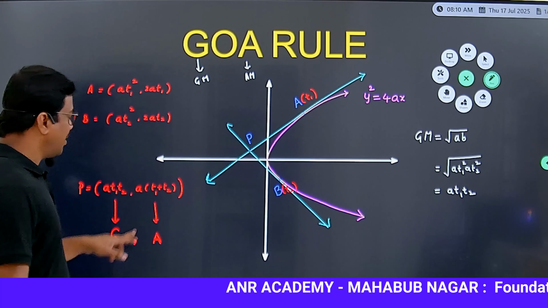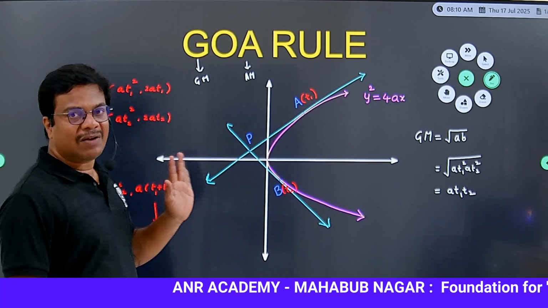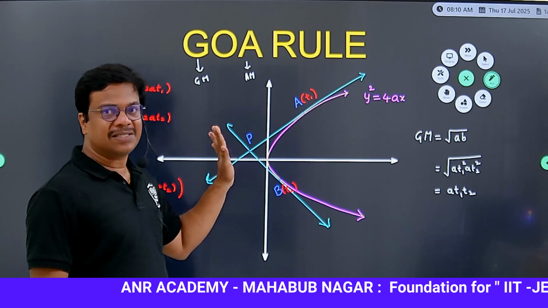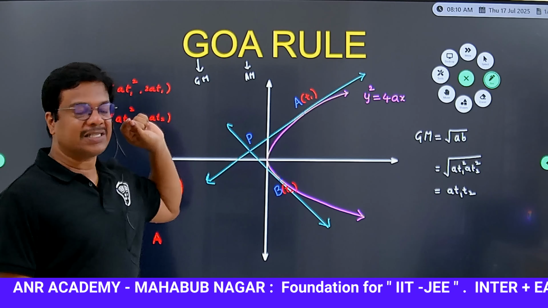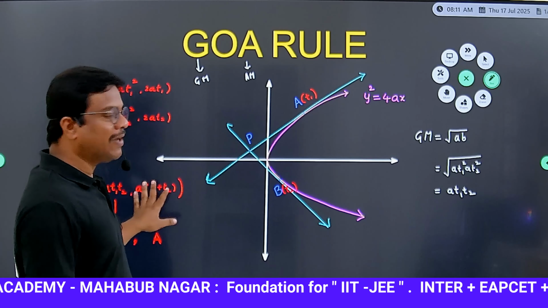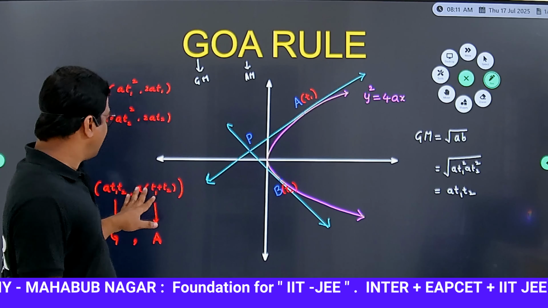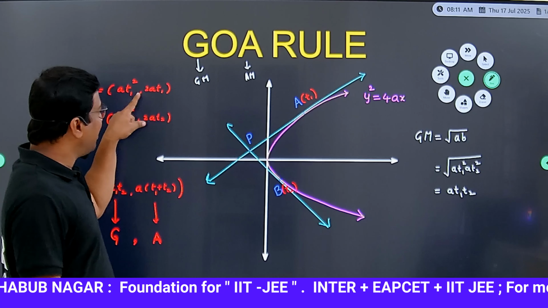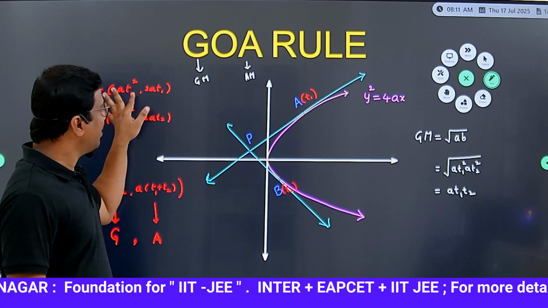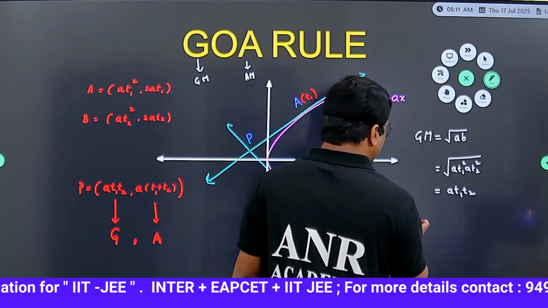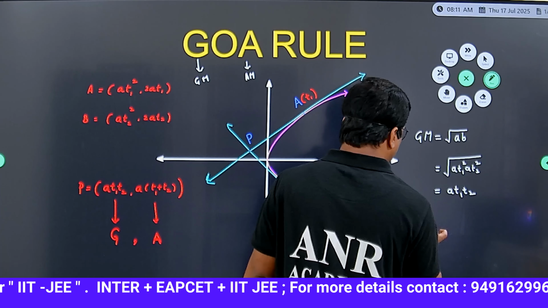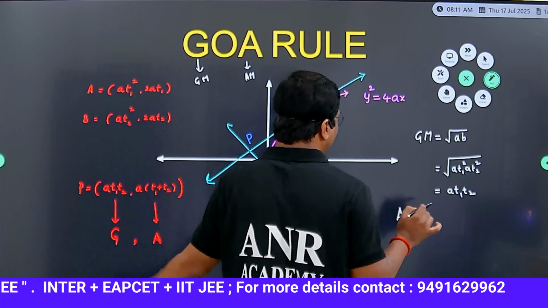Next, y coordinate. Without solving equation of lines, directly by this Goa rule you can write the point of intersection. Now observe y coordinate. Here y coordinates of capital A, capital B are 2at1, 2at2. Find out arithmetic mean of 2at1, 2at2.